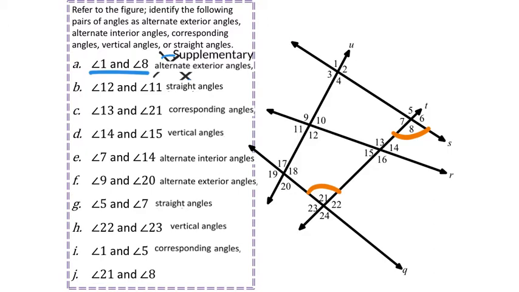That would also mean that lines S and Q would create an inside relationship here in this area. That's where angles 21 and 8 are. So they're on the inside, they're on opposite sides of the transversal and at different intercepts or vertices, which means that these two angles, angle 21 and 8, are alternate interior angles.